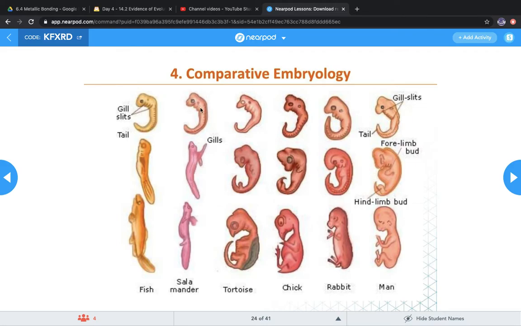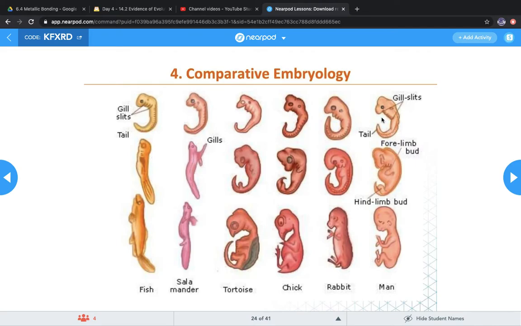So if I want to compare all of these, I can see that every one of them has a tail, and every one of them also has a head, and these little slits right here. They're called pharyngeal slits, and in fish, these slits turn into gills, but in human beings, these slits turn into our jaw and our ear area.